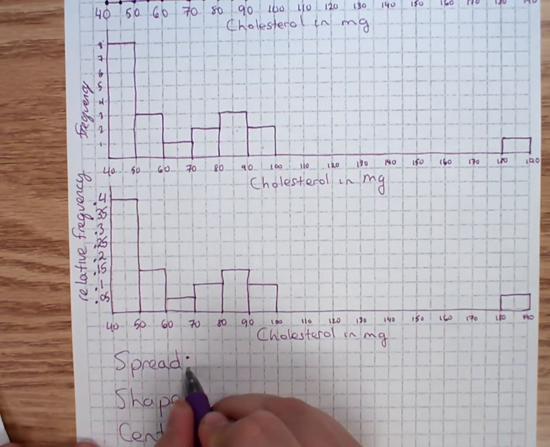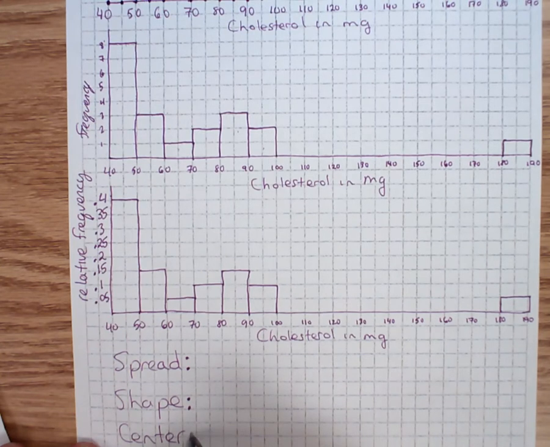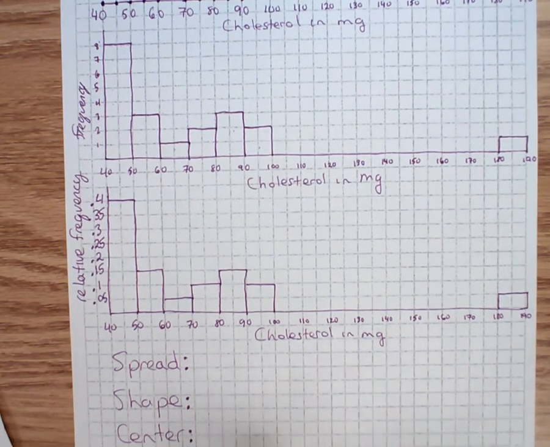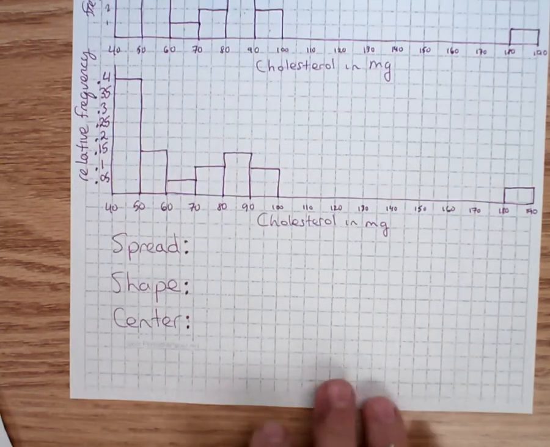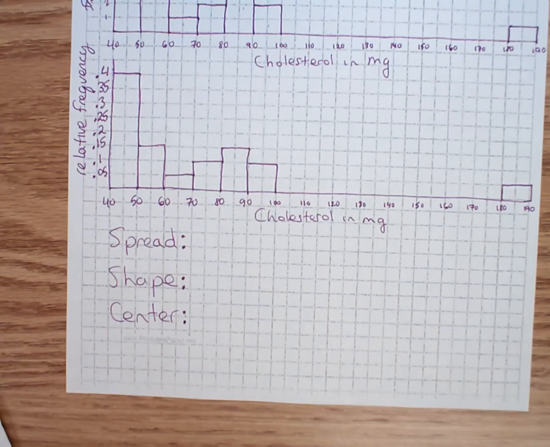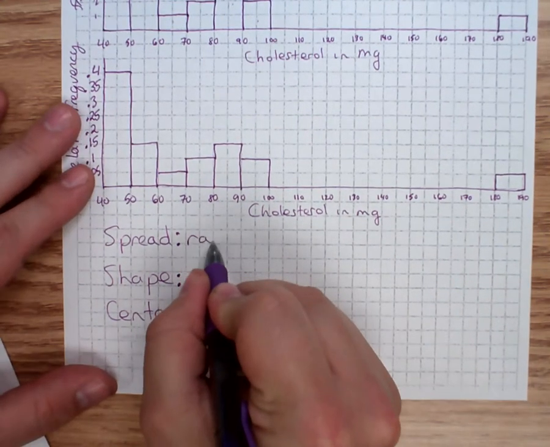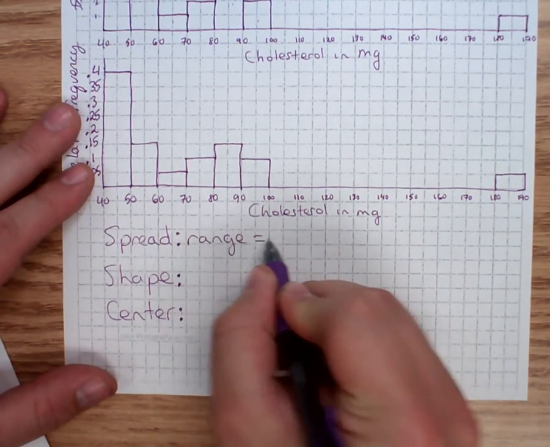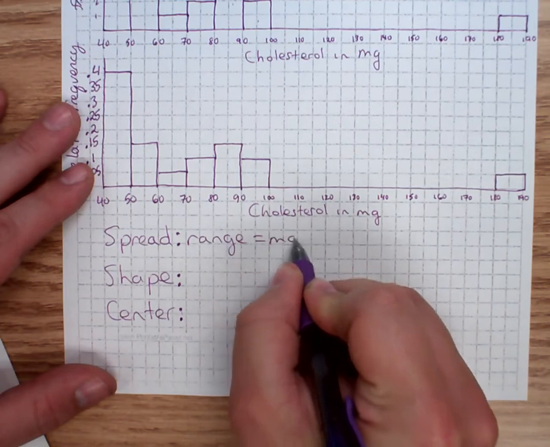Okay, now, what is the spread, guys? It was one of those shapes that you had drawn up there the other day. The spread? The range. The range is the maximum minus the minimum.